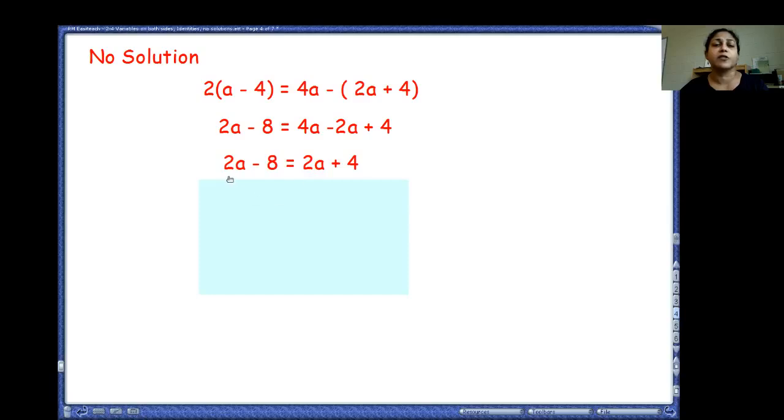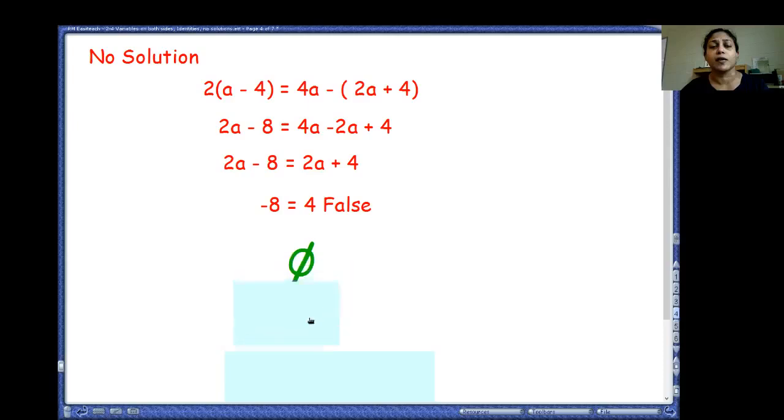That means we're going to subtract 2a from both sides, and that will give us negative 8 is equal to 4. And that is incorrect because negative 8 is not equal to 4. It is false. Therefore, this equation has no solution, and this is what you write in the very end. This does not get put into a solution set. This simply means there is no answer.